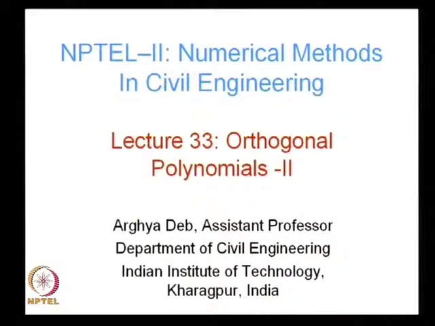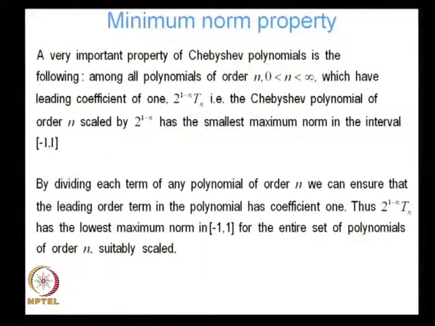Recall that in the last lecture I talked about Chebyshev polynomials, and we ended the lecture while talking about a very important property of Chebyshev polynomials, namely the property that in the interval -1 to 1 the Chebyshev polynomial 2 to the power 1 minus n Tn has the smallest maximum norm among all polynomials with coefficient equal to 1, right. Among all polynomials with coefficient equal to 1, the Chebyshev polynomial has the lowest maximum norm.